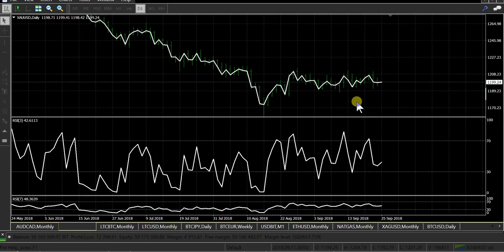The market's showing you the available volatility. And if your trading system is built on a 50 pip stop, there's some things you just can't do with a 50 pip stop, or even a 100 pip stop.